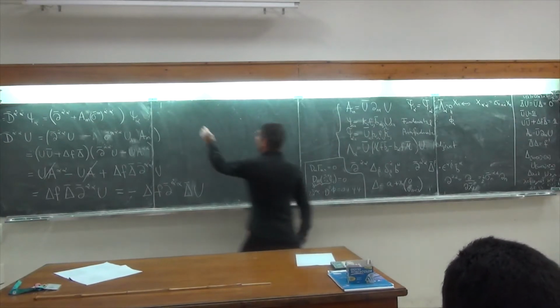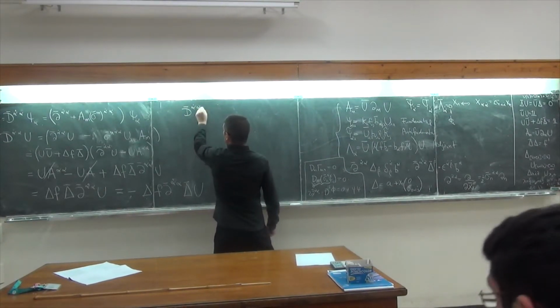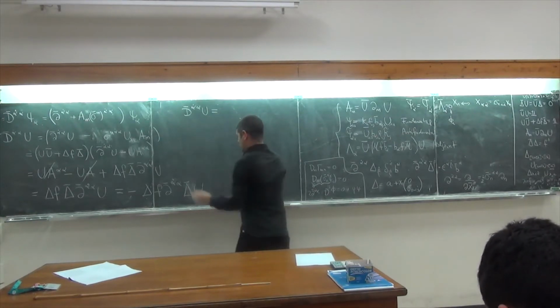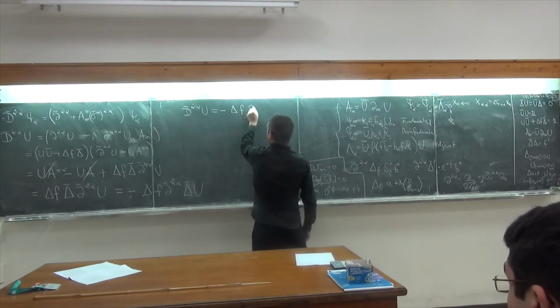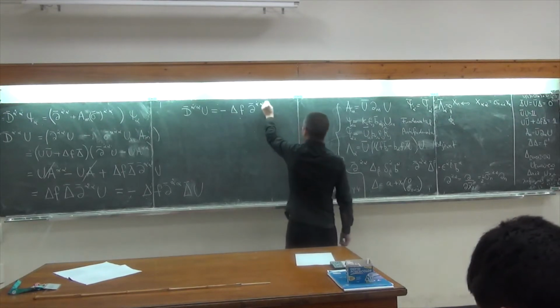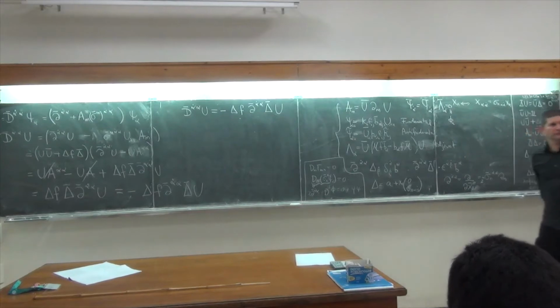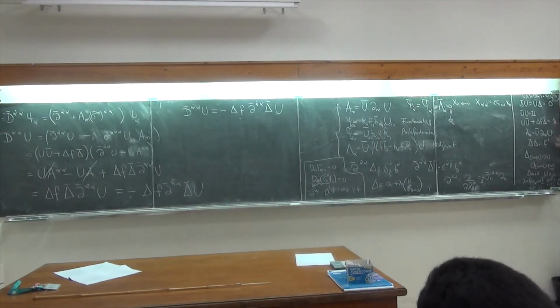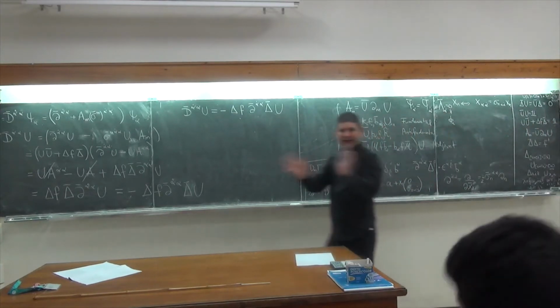Okay, then we find already that T bar alpha dot alpha U is equal to minus delta F D bar alpha dot alpha delta bar. You see, if you have this written somewhere, all the ADHM algebra is very simple.